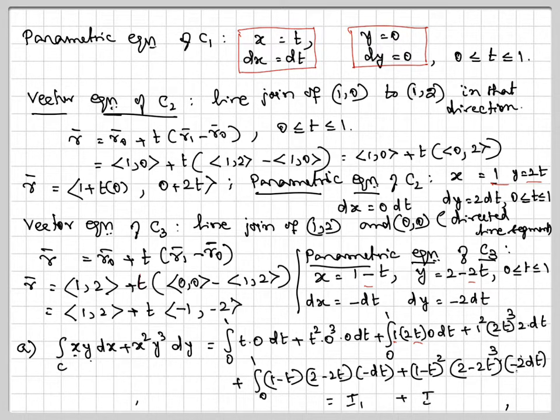We'll call them I1, I2, I3: I1 plus I2 plus I3. I1 corresponds to the integral over C1, I2 to the integral over C2, I3 to the integral over C3.